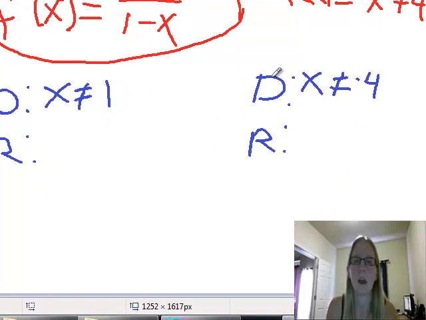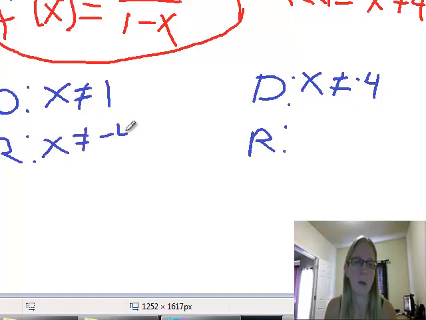So if the domain for f of x is x cannot equal negative 4, then that would mean the range for f inverse is x cannot equal negative 4. So we really are flip-flopping them. And then again, the domain for f inverse was x cannot equal 1, which means the range for f is x cannot equal 1. And you can go through and write those in interval notation as needed as well.